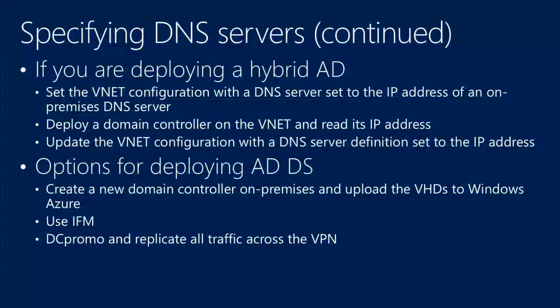That would be another alternative. If you do a DC promo up here, everything's got to go across the VPN. So if it's a small Active Directory, fine, but if you've got a great big, huge database, you will need to look at install from media or some other method.